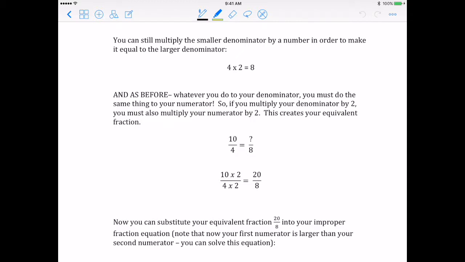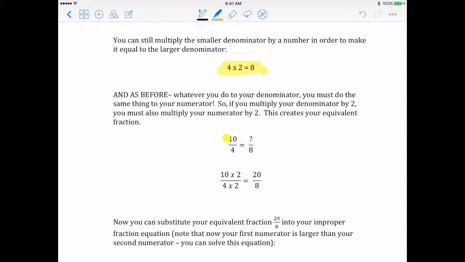So 4 times 2 is 8. And as before, whatever you do to your denominator, you must do the same thing to your numerator. So if you multiply your denominator by 2, you must also multiply your numerator by 2. This creates your equivalent fraction.